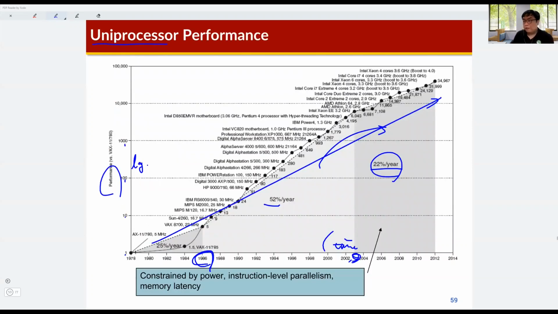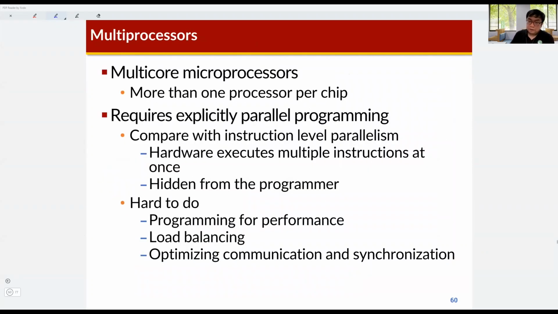So, how can you increase the performance? We know that if there are two people, we expect two people will do more jobs or more tasks than a single person. That's our expectation. And it's the same for computers.